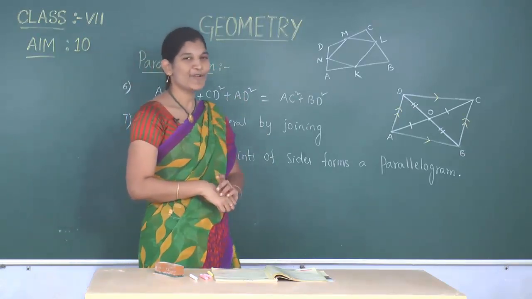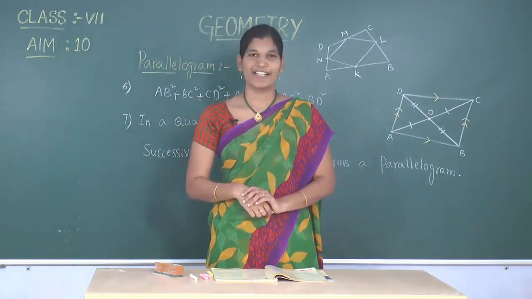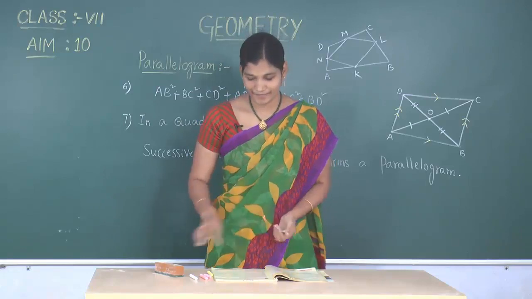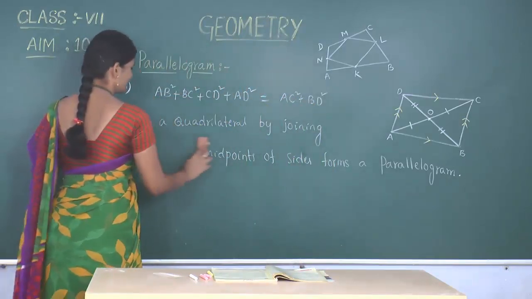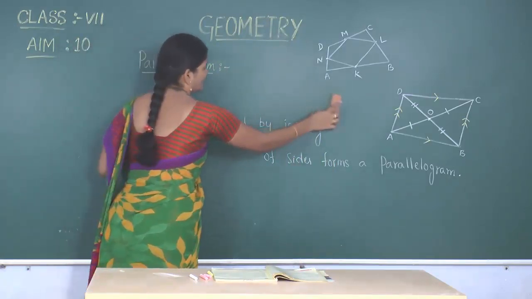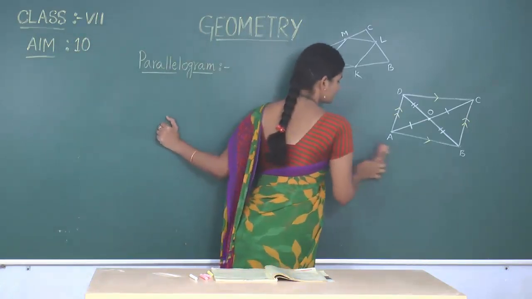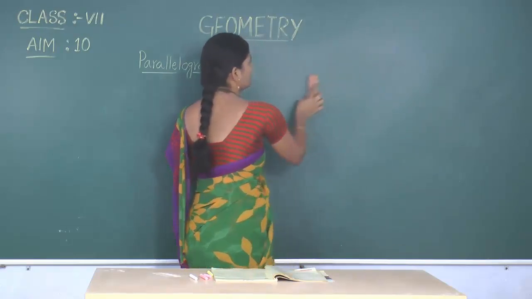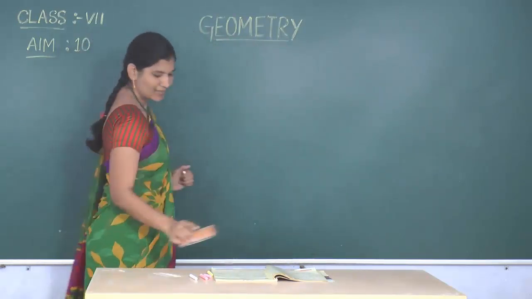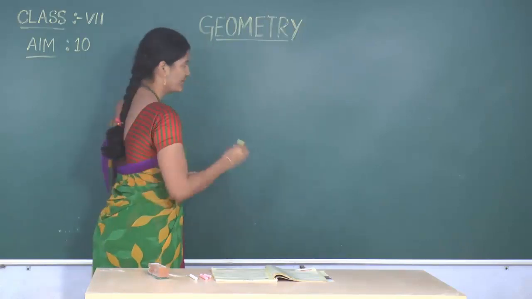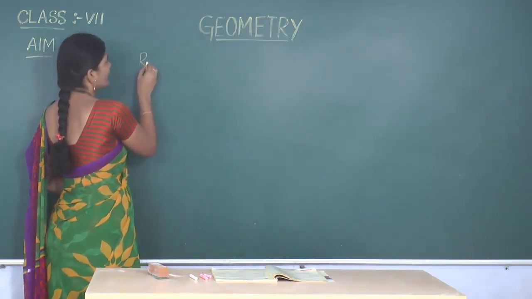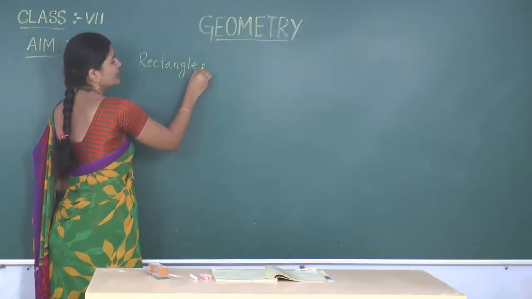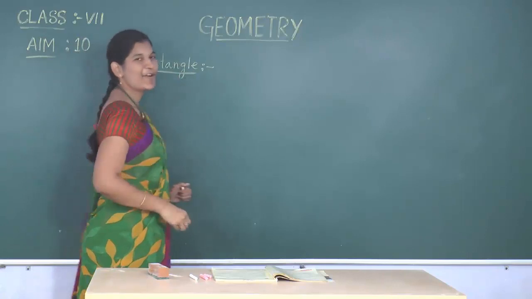And now let me go with another type of quadrilateral, that is rectangle. And the second one is in the same rectangle. How will a rectangle form?